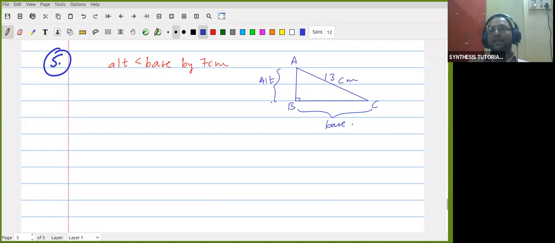In this case, base is bigger than the height. Yes or no? So Prakriti wants to take the bigger thing as x. Once we take this as x, and we know that altitude is less than base by 7, so if this is x, this will be x minus 7. All of you agree?